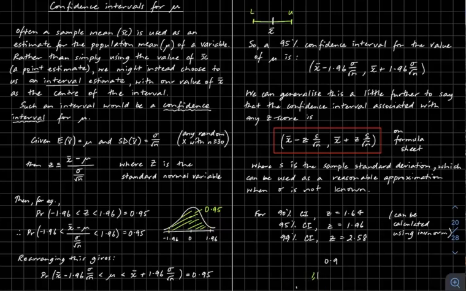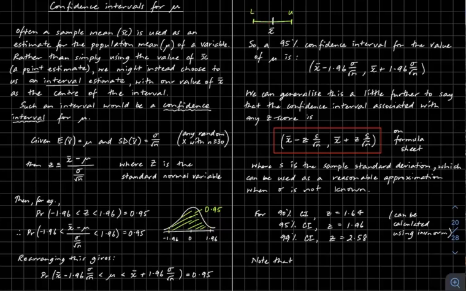We'll do an example, but there was just one other thing I mentioned up there which I should say here, and that is the idea of a margin of error. The margin of error is just this thing here, the thing that we're adding to x bar to get the upper bound and subtracting from x bar to get the lower bound.